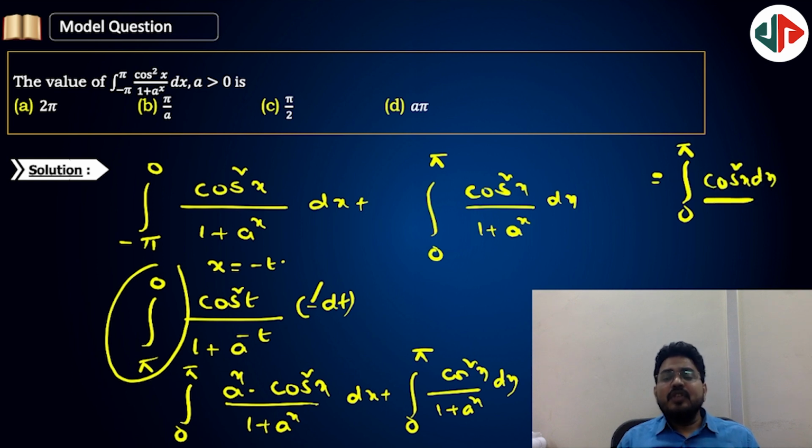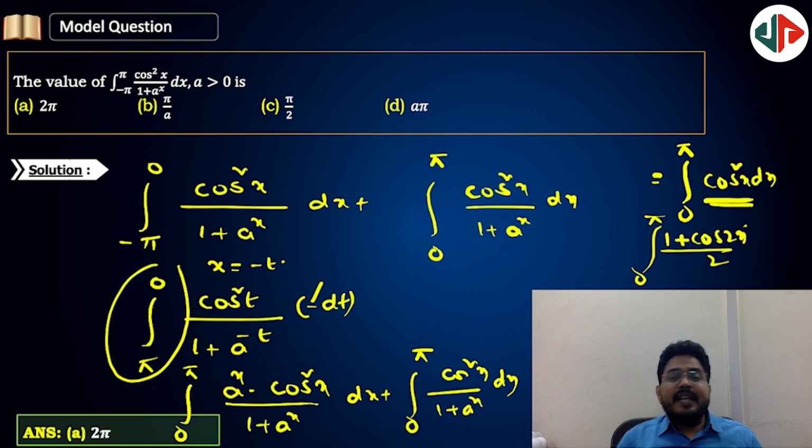So just find integral 0 to pi cos square x dx. What is the value? So cos square x can be written as 1 plus cos 2x by 2, integral 0 to pi. Okay, so you will be getting the answer as 2 pi. Okay, you need to simplify this value.